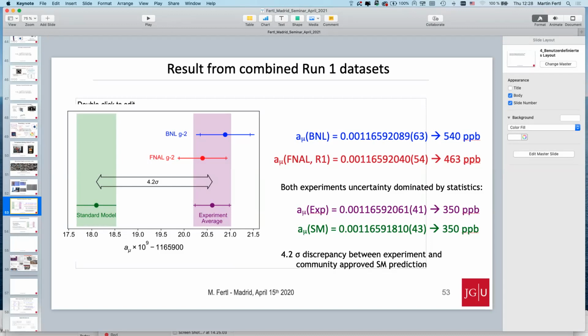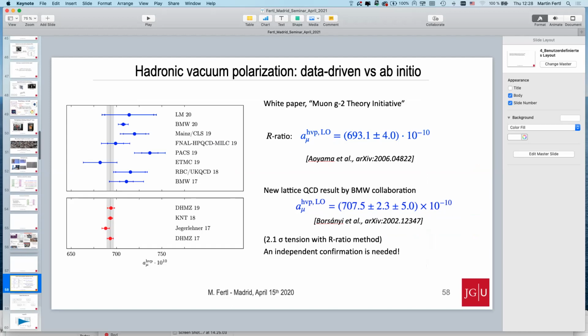So from your point of view, the discrepancy from theory is really on the theoretical or computational side right now. Do you have any opinion on the alternative theoretical measurement for the anomaly? So I think you want to refer to this lattice result. Yes, the BMW or whatever it's called.